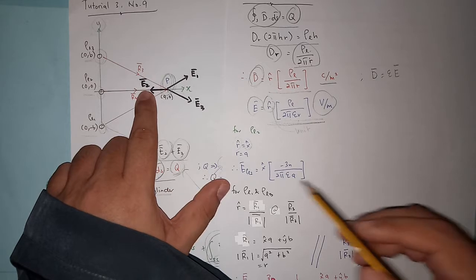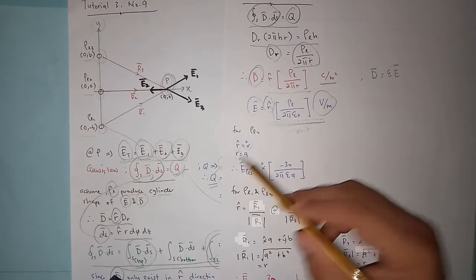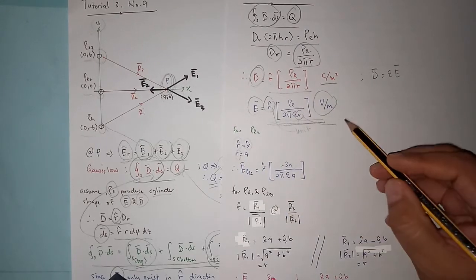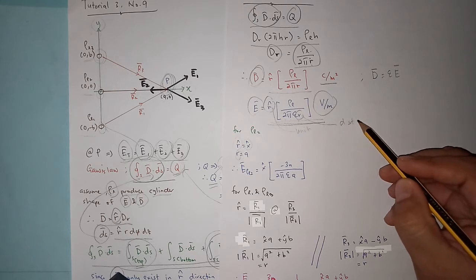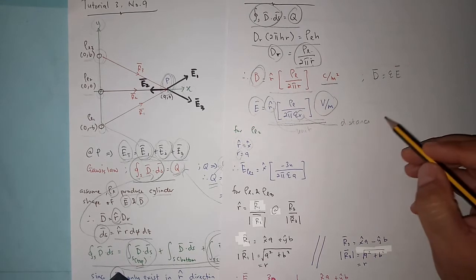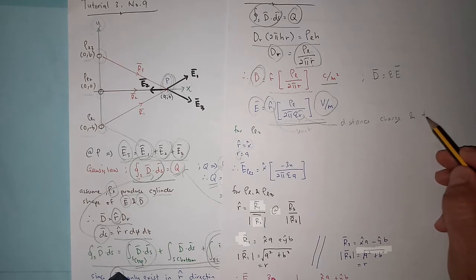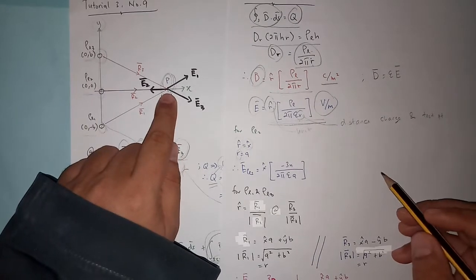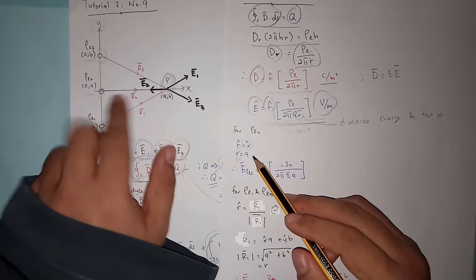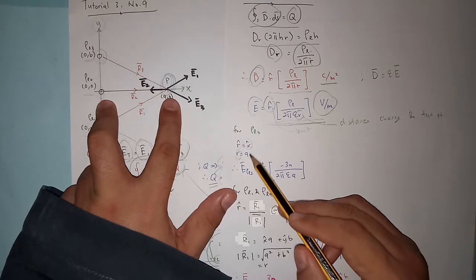In this case r is the distance between our charge and our test point, which is point P. So the distance between these two components is equal to A.